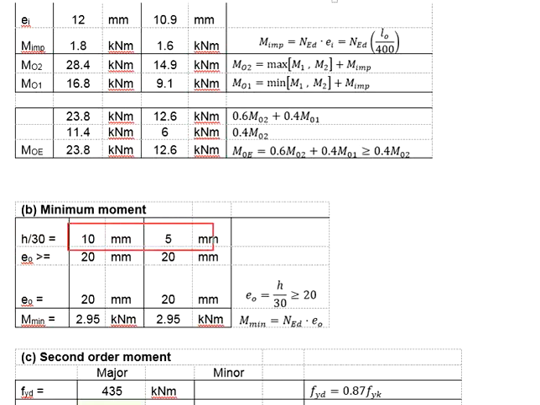These two values are less than 20 mm. Therefore, you will use e0 equals to 20 mm, multiplied with NED 147.36. You get 2.95 kilonewton meter as the M-min.